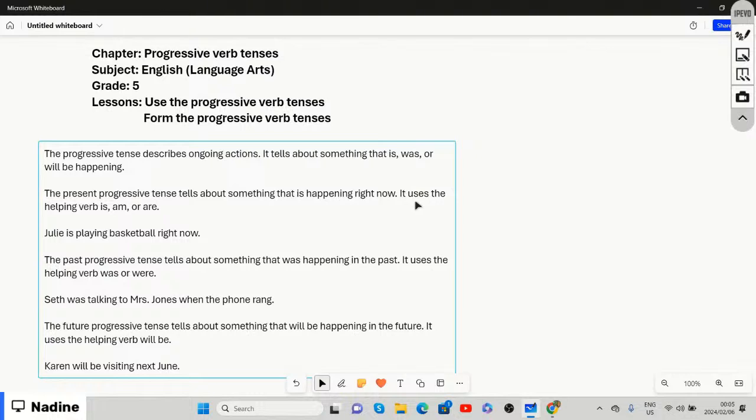And the lessons that we are focusing on are to use the progressive verb tenses and to form the progressive verb tenses.